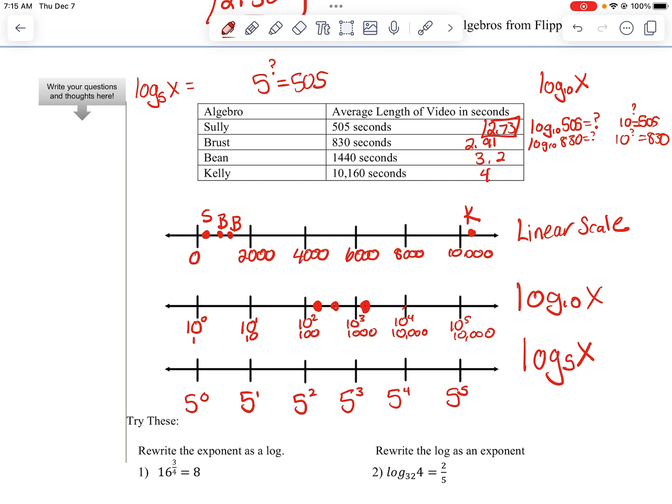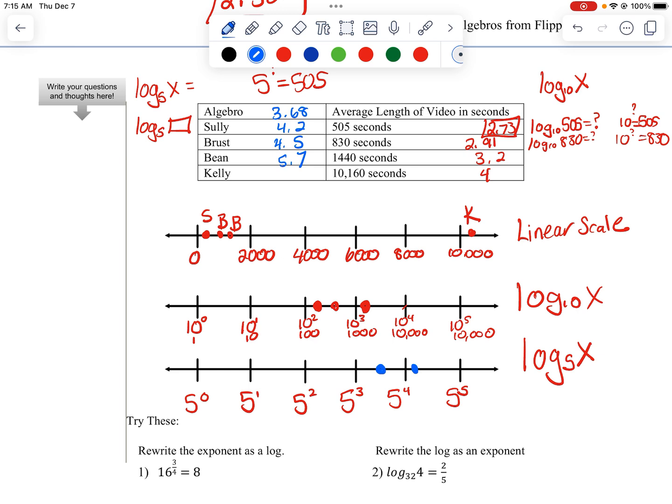So pause, and I want you to type all of these in with log base 5 and then the value. All right, if you do that, we come up with 3.68, 4.2, 4.5, and 5.7. So if we graph those, 3.68 is right here, 4.2, 4.5, 5.7.